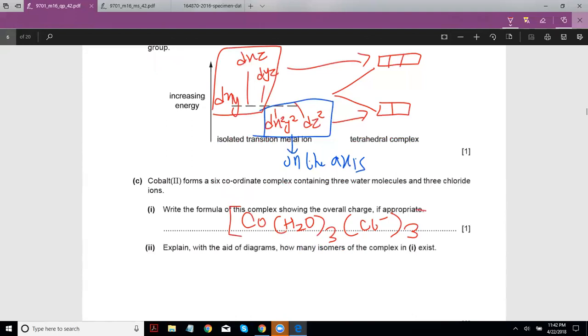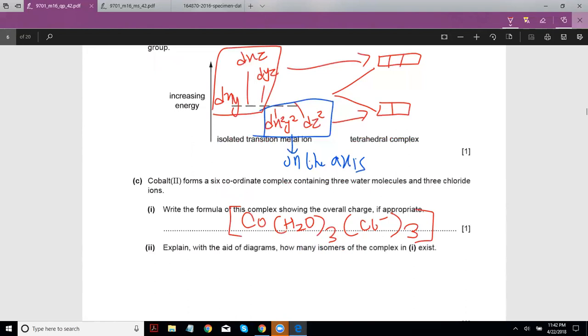The negative will not go on Cl in the formula, because the charge on Cl gets spread out. The chloride doesn't stay as an ion.